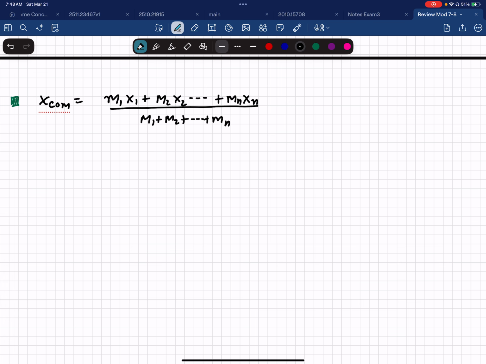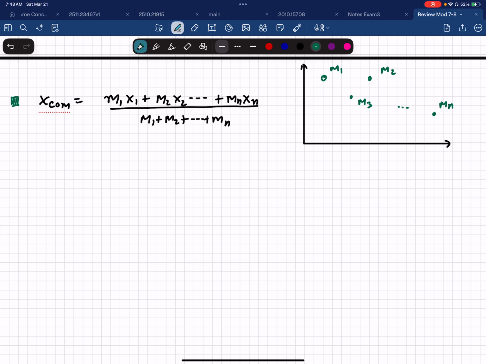Okay, for example, if you have positions here, so let's say this is M1, M2, M3, and then dot dot dot, let's say this is Mn.